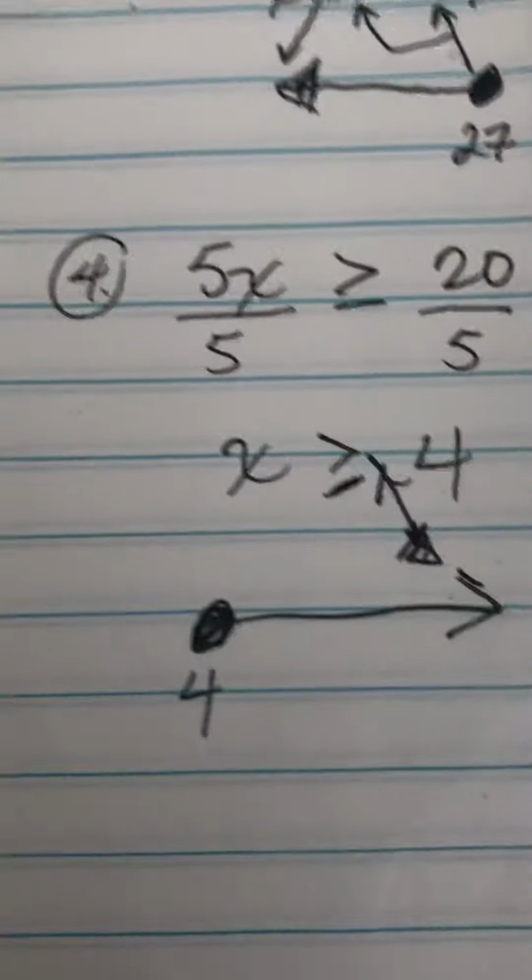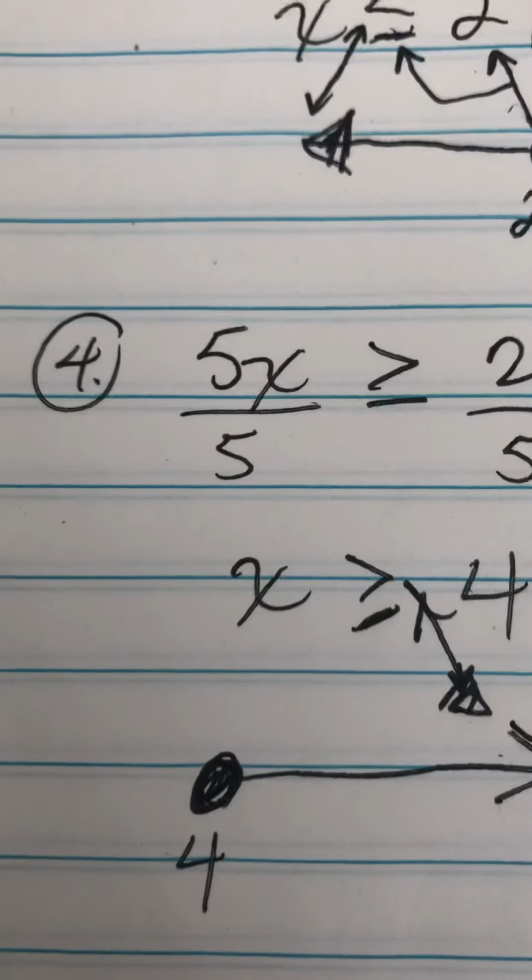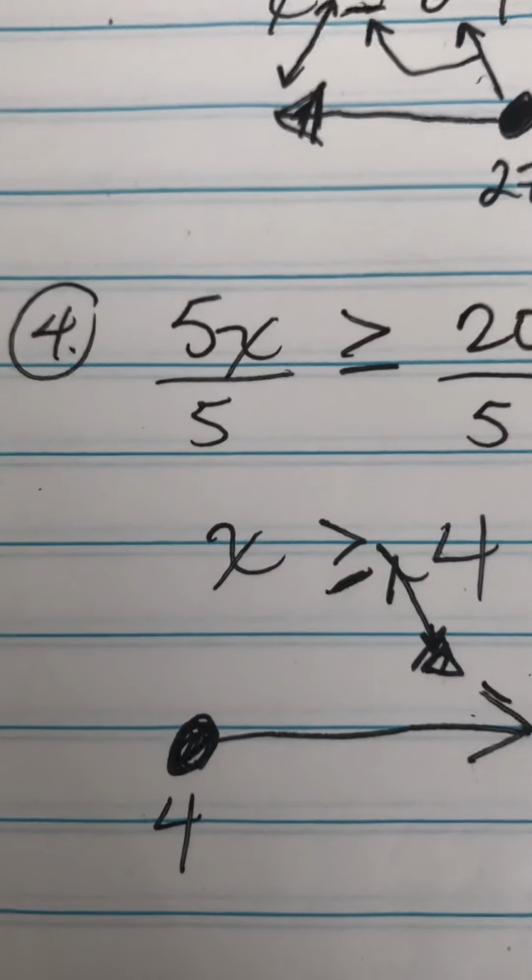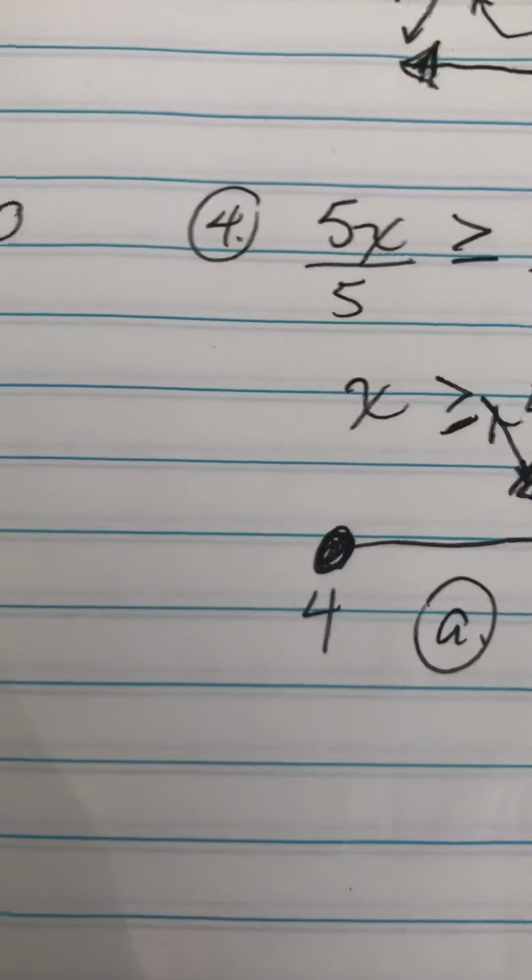Since this has this little line right here, that means it's including it, and we're going in the direction of the arrow. We're going to circle it in because it includes it, starting with 4. The only one it could be is A, and that looks like A to me. All right, so there we go.